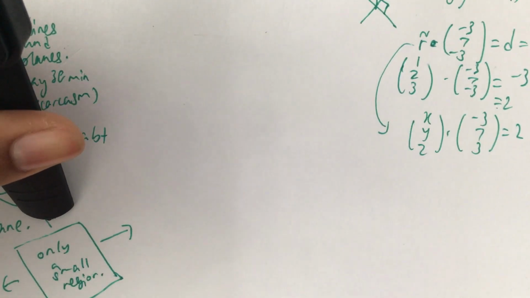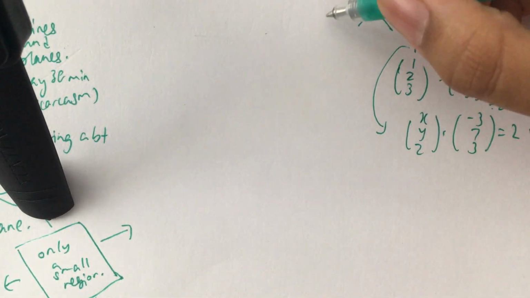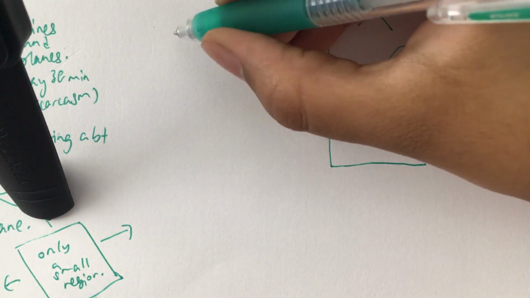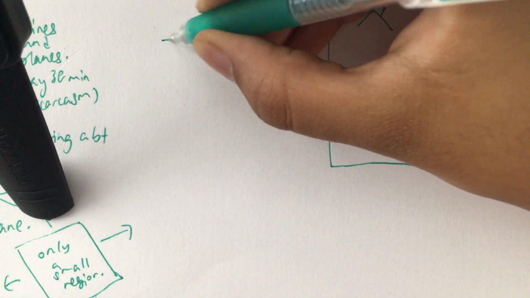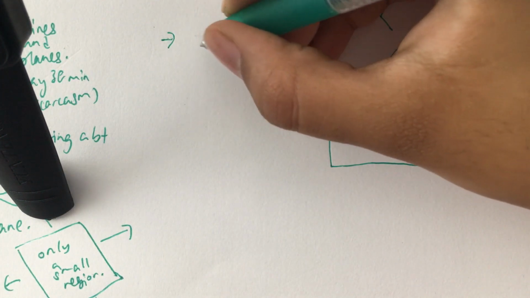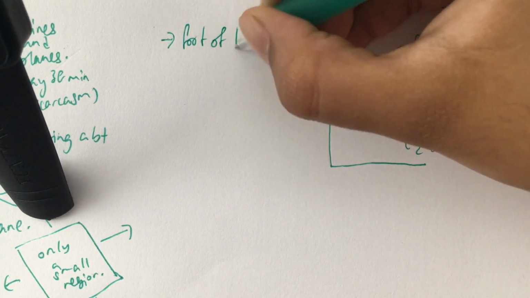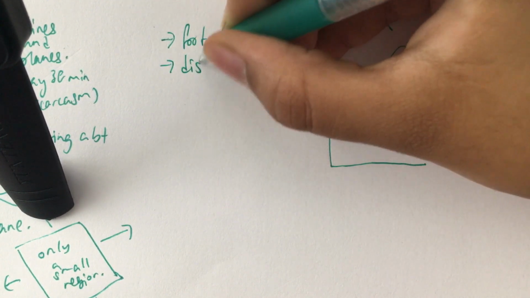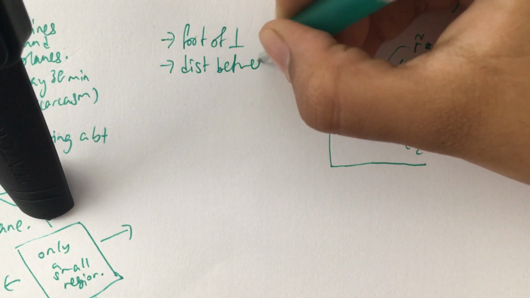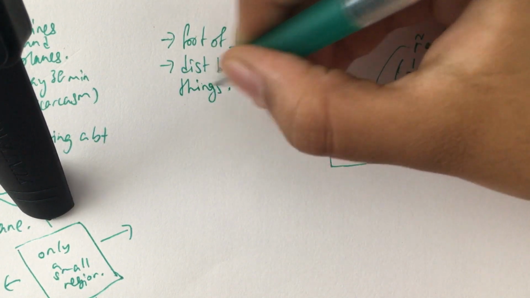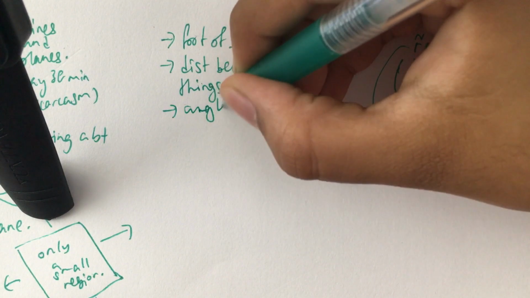So a question usually comes in many different parts, and in each part they will ask a certain thing. According to the syllabus, you'll be asked to find the foot of the perpendicular, or to find the distance between two lines or two planes, or angle, anything. There's many things they can ask. So for each of those things, we have to go through how to do it.